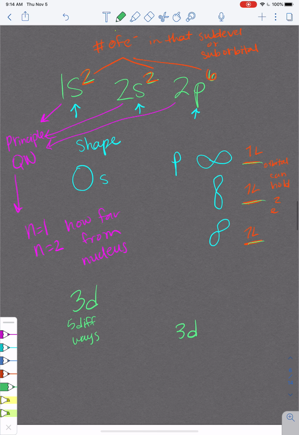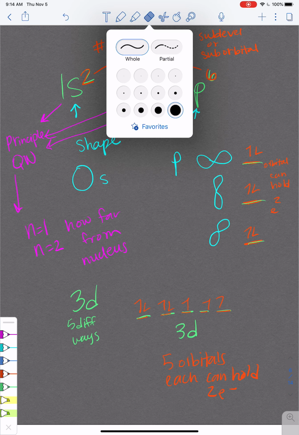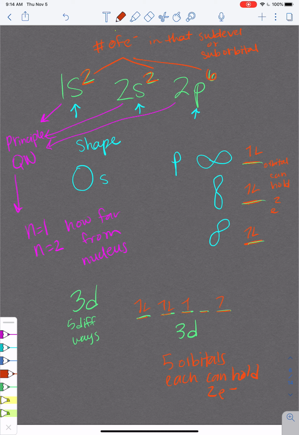So we normally say 3d and we draw 5 lines above it for all 5 options. Since this is an orbital, orbital, orbital, orbital, and orbital, these are 5 orbitals. Each can hold 2 electrons, so we can put 2 electrons in each one. So total, I have 1, 2, 3, 4, 5, 6, 7, 8, 9, 10 electrons total, okay?